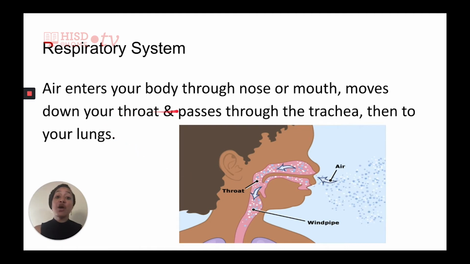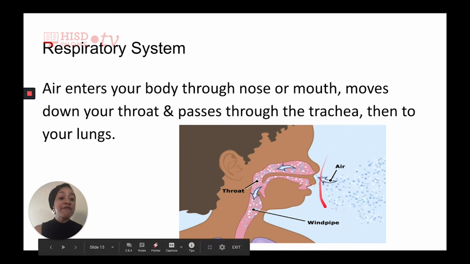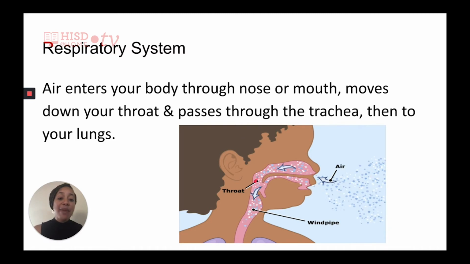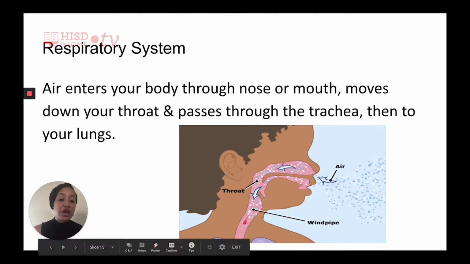Air enters your body through your nose or mouth. It moves down your throat and then passes through the trachea and then your lungs. So as you can see from this image, the air enters either through the nose or through the mouth. It passes through your throat, then your trachea, which is also known as your windpipe. So you have to remember both, windpipe or trachea.